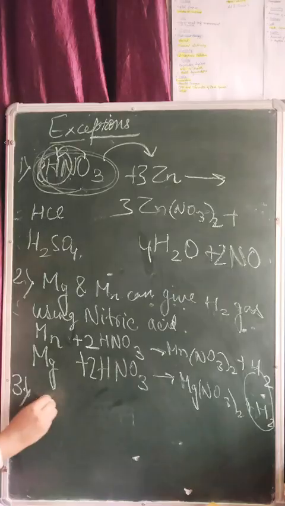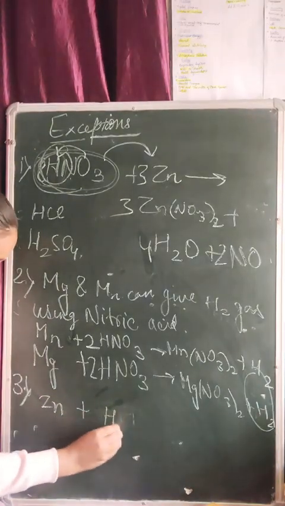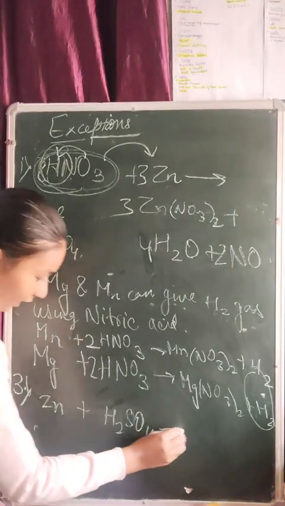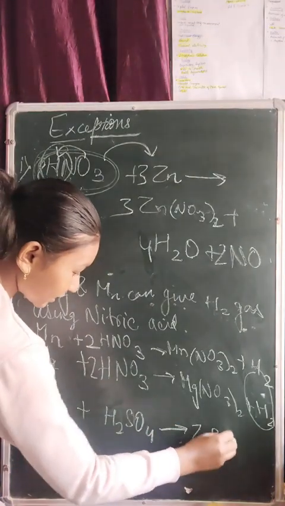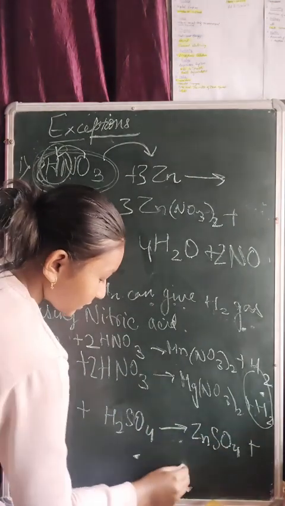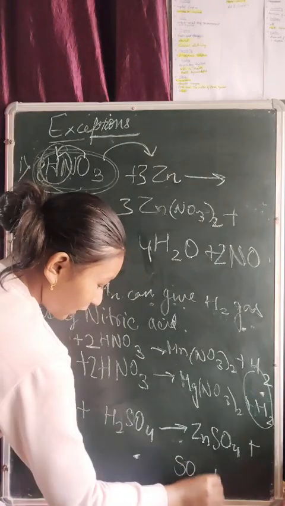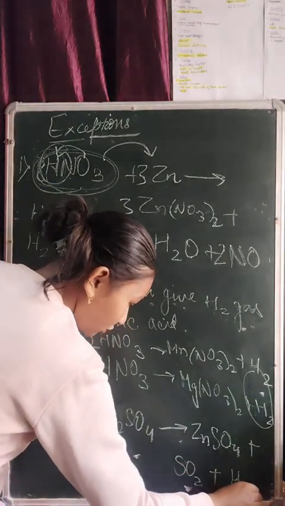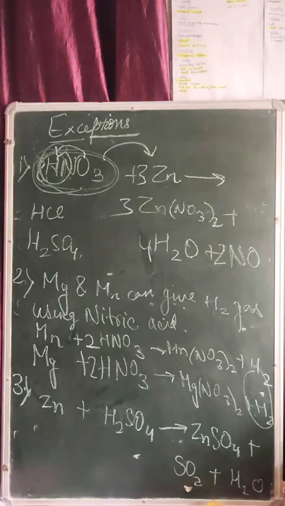So let us see that. Suppose we take Zn plus H2SO4, it gives zinc sulfate plus SO2 plus H2O. Let us balance it.